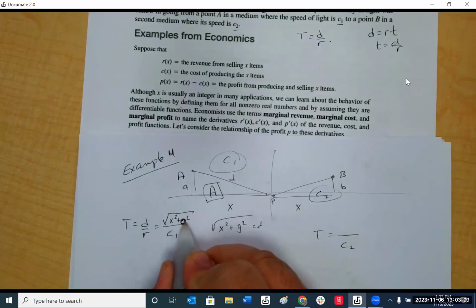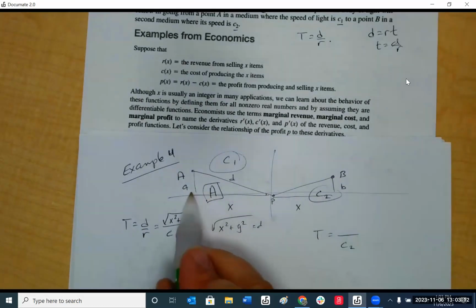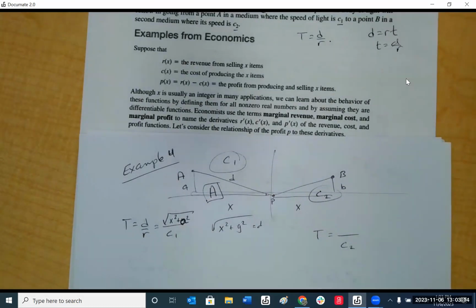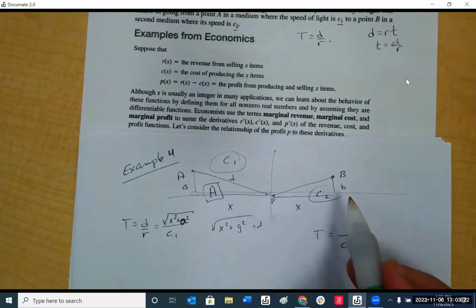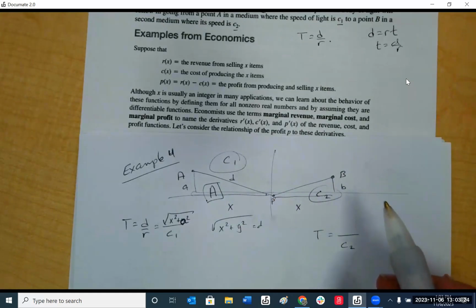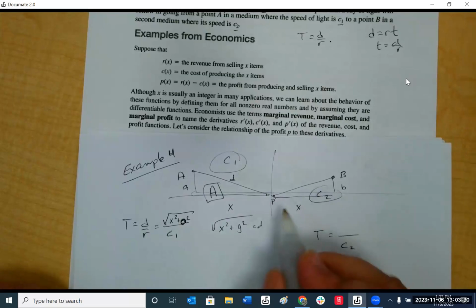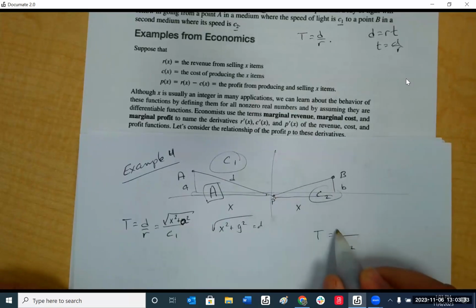Or since we're starting from A, it's moving along the same path. And the same thing has to happen for this one. It's got to travel from here to there, so from P to B, the square root of x squared plus b squared.